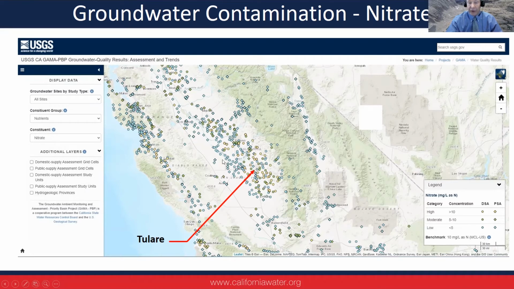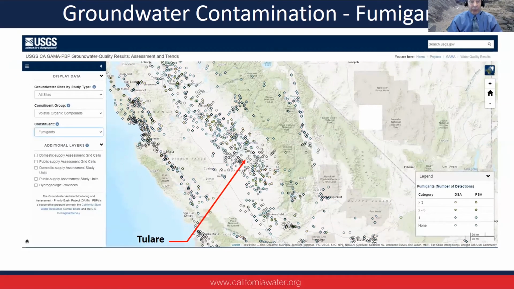So there are a lot of nitrate and nitrogen contaminants in the groundwater of the valley, and that's there primarily because of either naturally occurring nitrogen in the soil that's leached down or the presence of fertilizers.